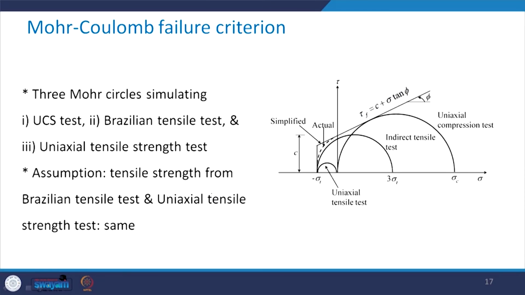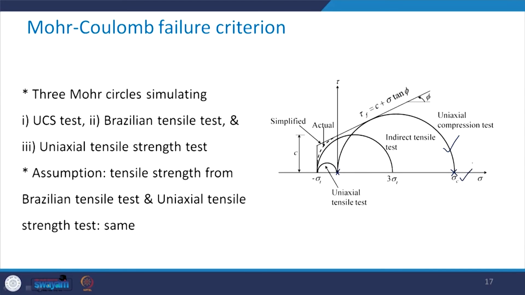In this figure, there are 3 more circles which are simulating. Number 1 is the uniaxial compression test, in which sigma 3 equal to 0, which is here, and sigma 1 equal to its UCS value, which is sigma c.